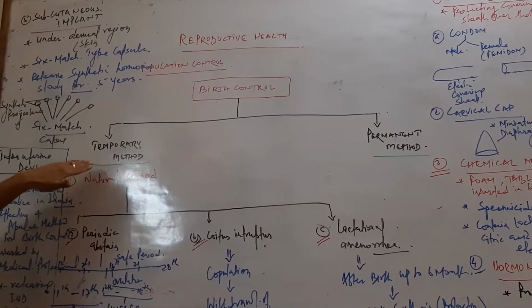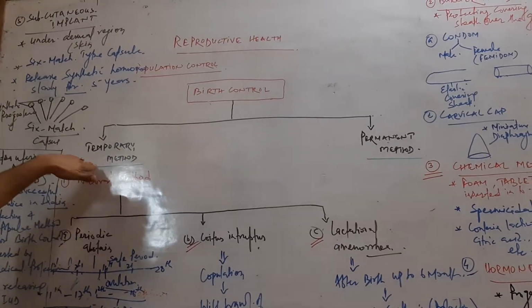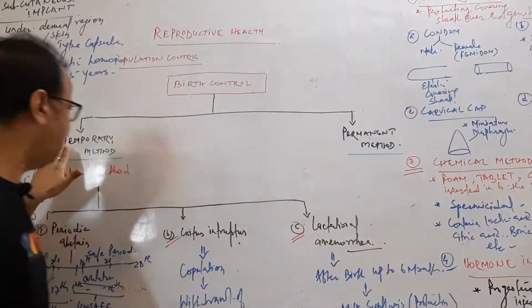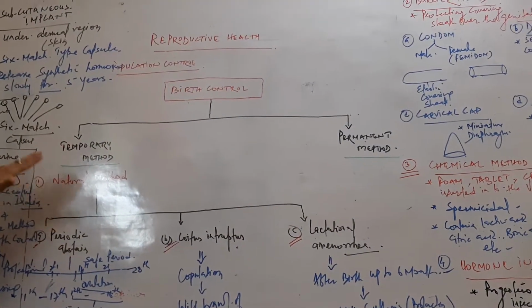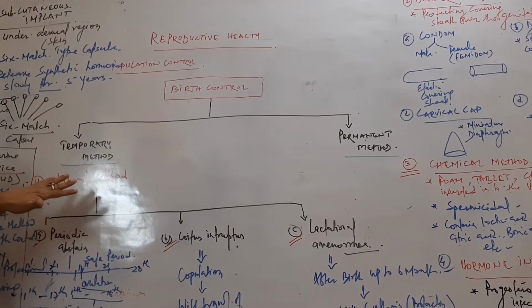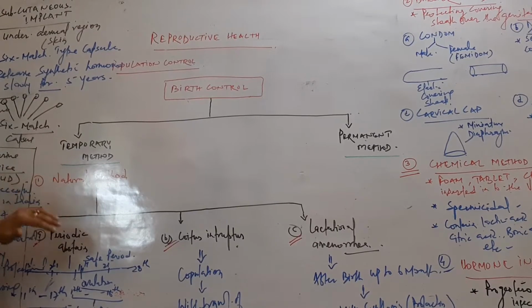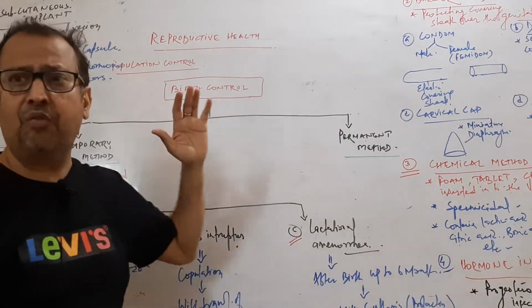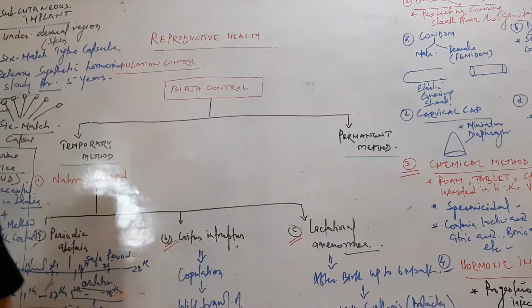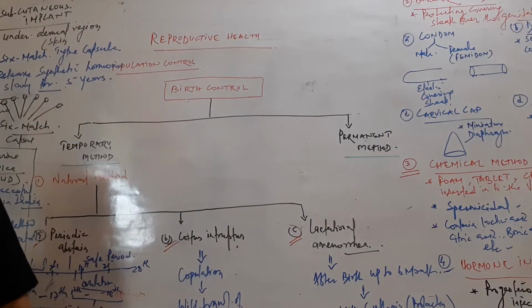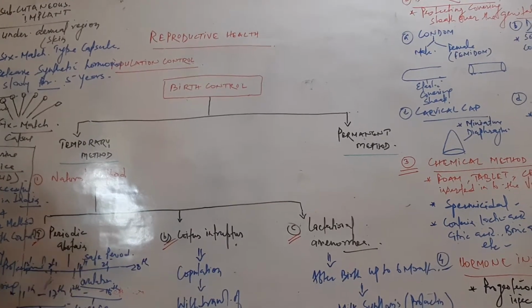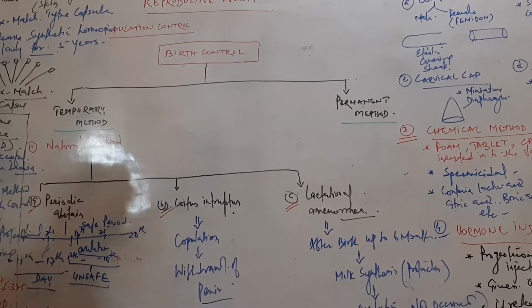In birth control there are two types, temporary method and permanent method. Temporary method means temporary control of birth. Permanent is a final control, or finally blocking the fertilization as well as the implantation process to prevent the birth rate.